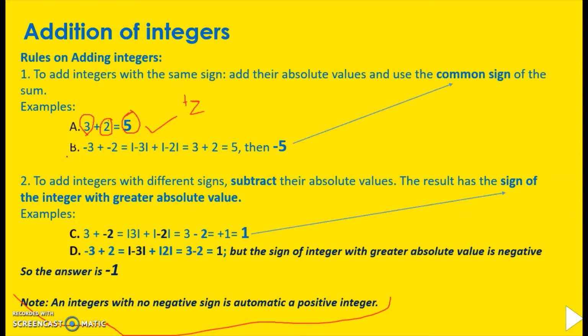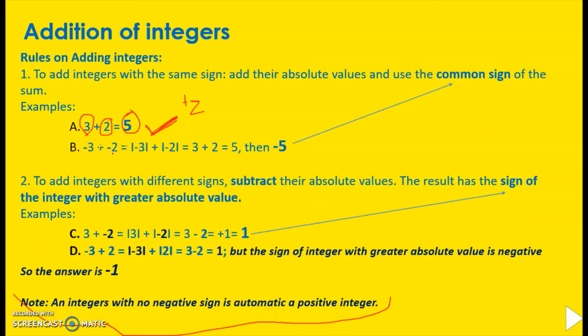On the second example, negative 3 plus negative 2. Aside from adding usual integers, there are signed integers, negative signed integers, and we're going to follow the first rule.